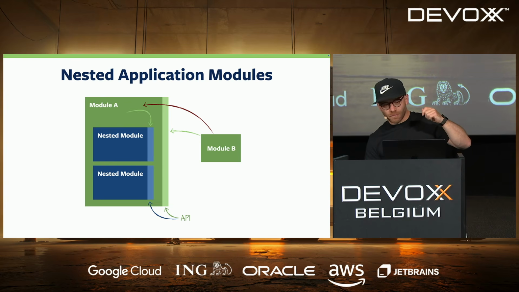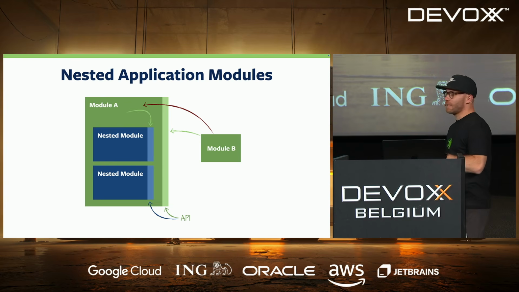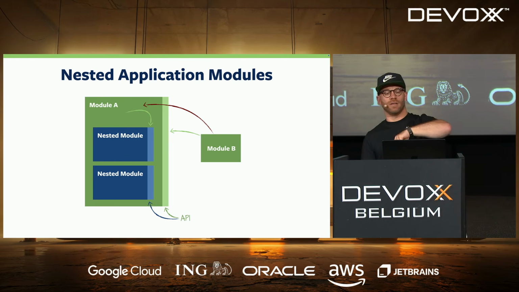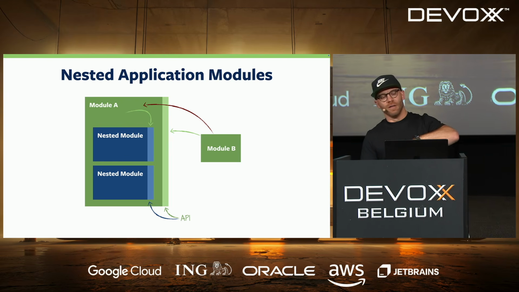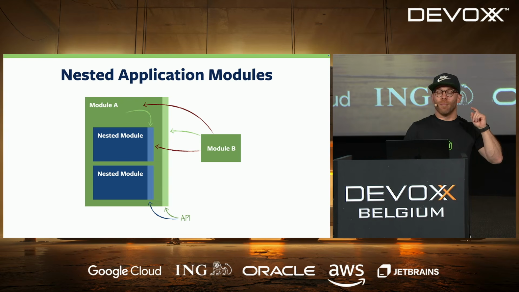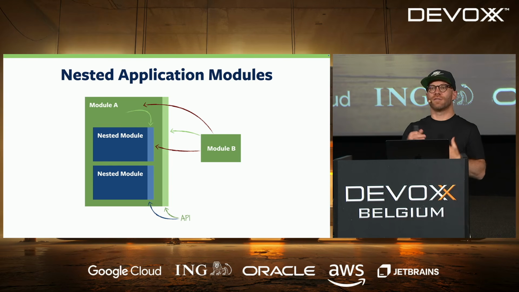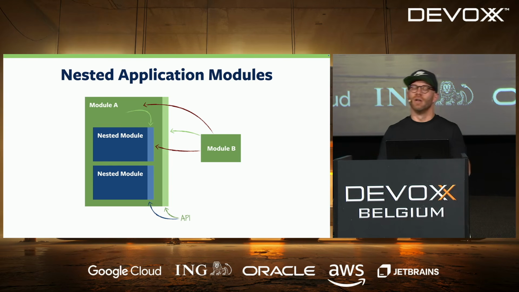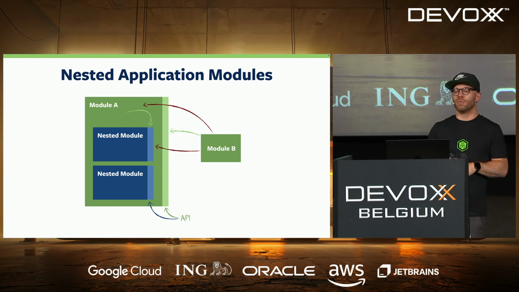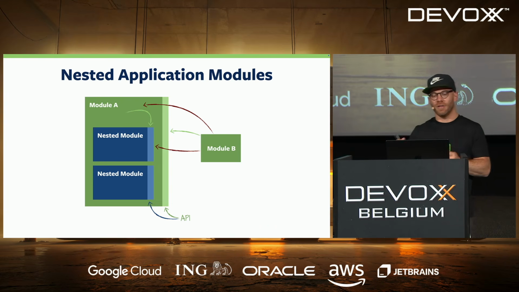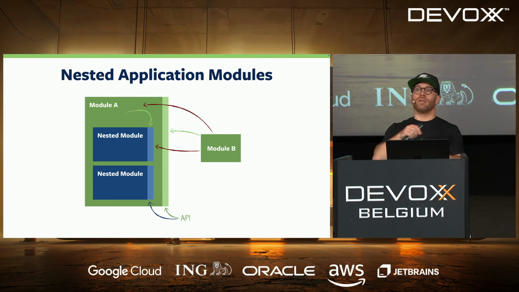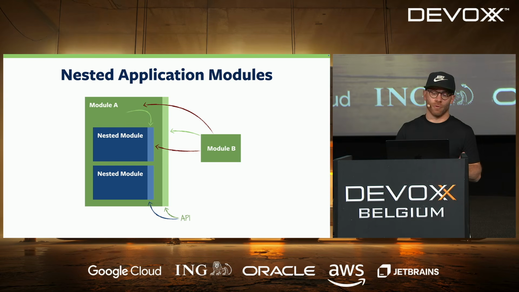For one, module A internals can, of course, depend on types in the nested module's API. Code in module B cannot, right? Because the nested module is fully contained in the outside module. So if you want to expose API from the nested modules, you would have to do so through some component in module A's API, and then connect that to some degree with the API of the nested module.